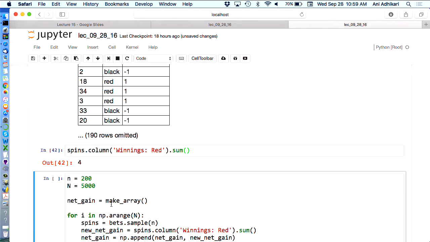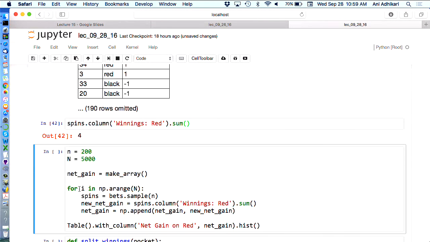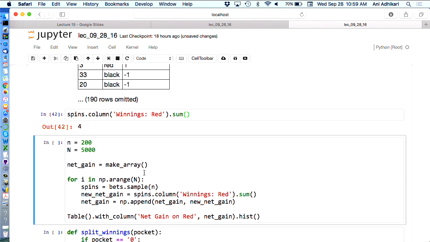Okay, so we start with an empty array, and then for each of 5,000 times, we repeat our code. We spin the wheel 200 times. We create a value, which is the net gain, and then we append that to this array right here. And then we draw a histogram. Ready?